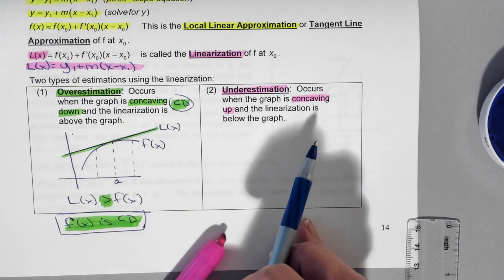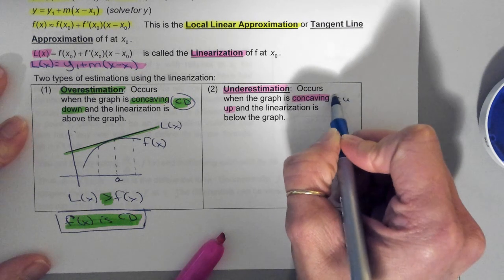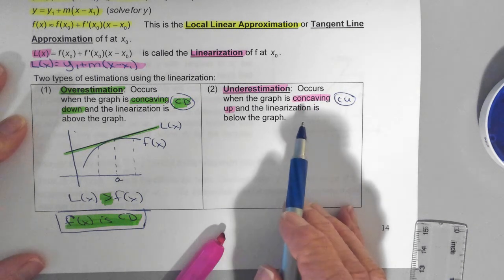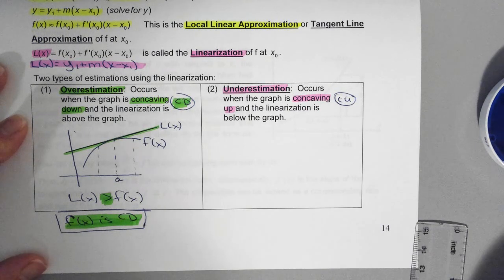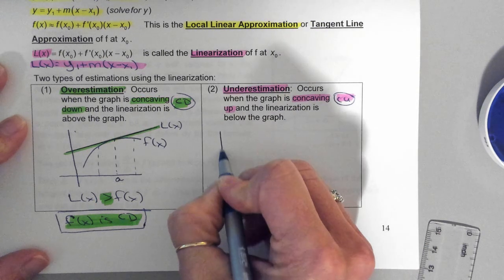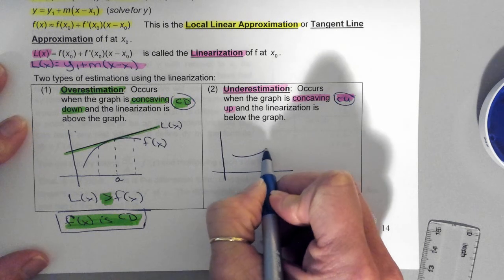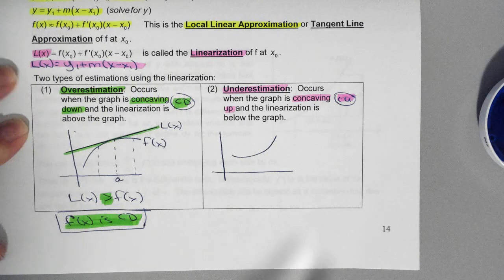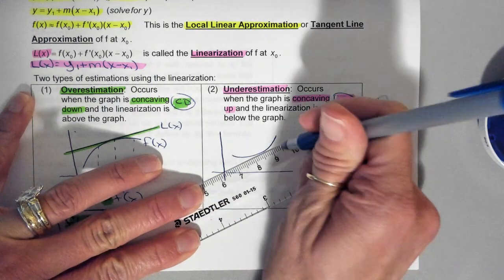The graph is concaving up, so we'll use this notation, just like before. And what happens is the linearization or the linear approximation falls below this curve. So here we have a graph that's going to be concave up. We've got our graph, just like this. So just that portion of the graph is going to be concave up wherever we're looking. And then what we have is our linear approximation would fall below, just like this, wherever we're looking.